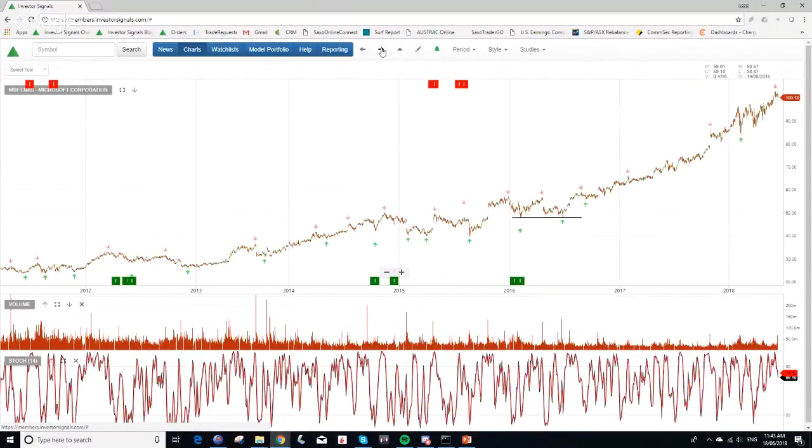Microsoft, so again, this is probably one of the leading contributors to the strength in the Dow over the last couple of years. It was switched from sell conditions into buy conditions in early 2016, when the stock was at around $47, and now the stock's at $100.